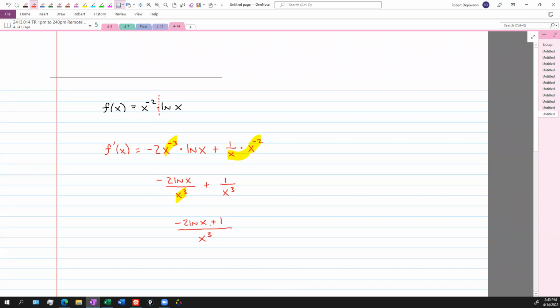And now, if we want to know where the derivative is 0, all we have to do is set the top equal to 0. This is going to require a little bit of thinking here. We've got to move the 1 to the other side. We've got to divide both sides by -2, which leaves us with a half. You okay with that? Yes. And now to get x, I'm going to take e on both sides because e will kill natural log.